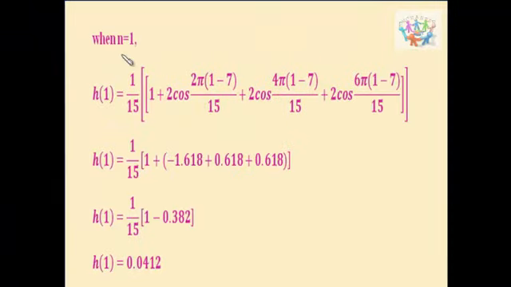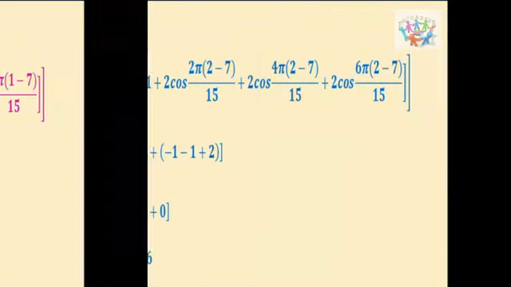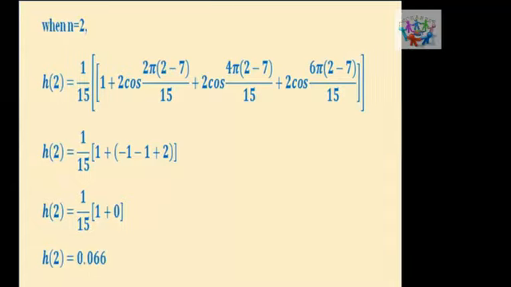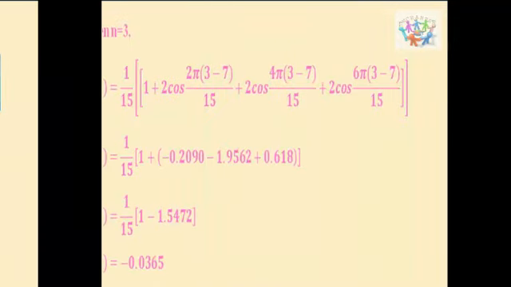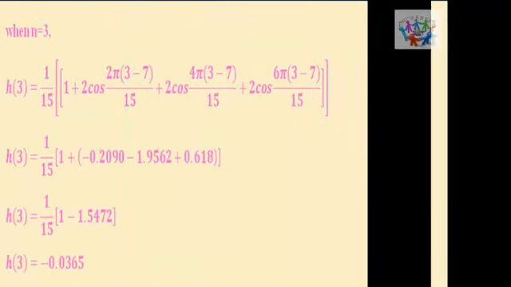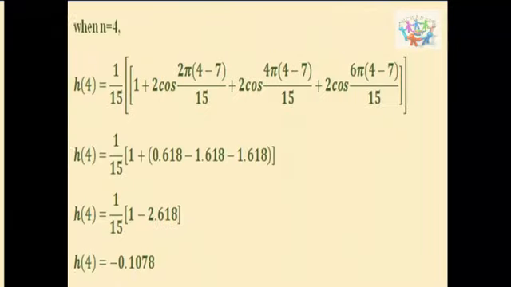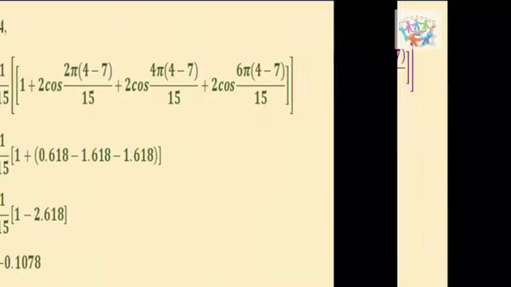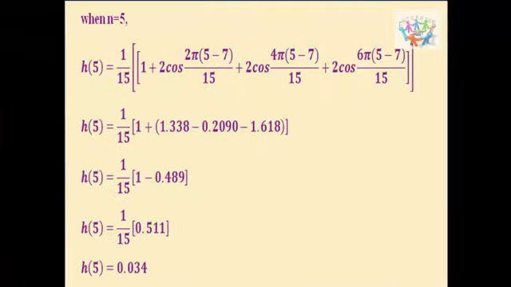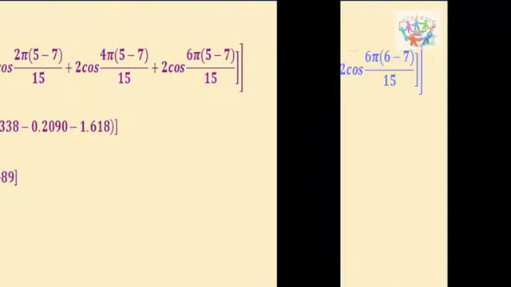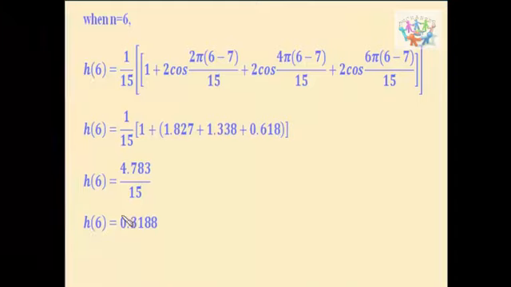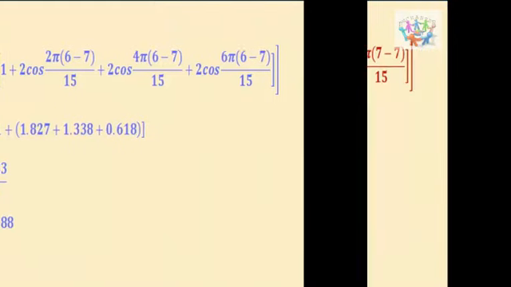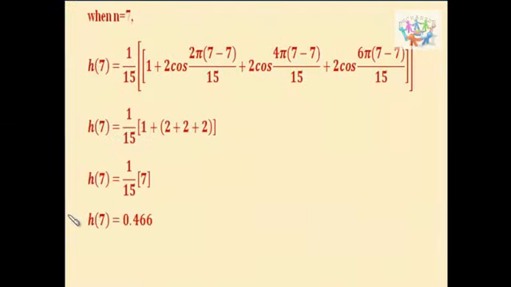So similarly, we will find the value for h of 1, h of 2, h of 3, h of 4, h of 5, h of 6 and h of 7.